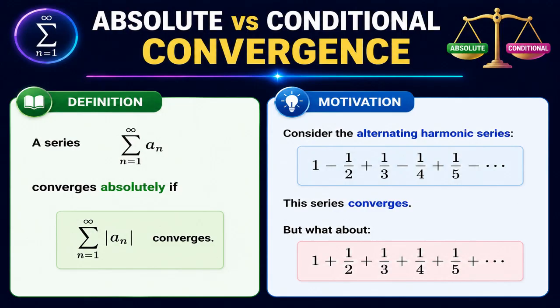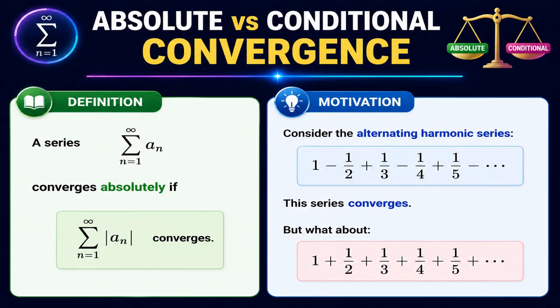First, let us look at the alternating harmonic series. This series converges, but if we remove the alternating signs, we get the harmonic series, and the harmonic series diverges. This is a very interesting result, but let us define absolute convergence.